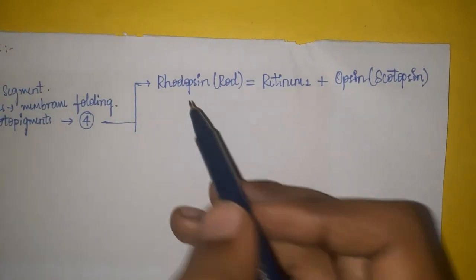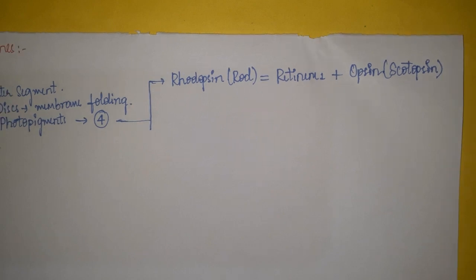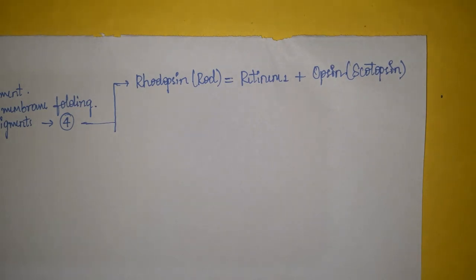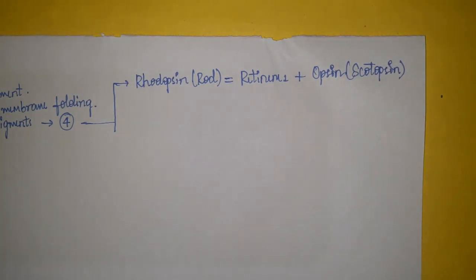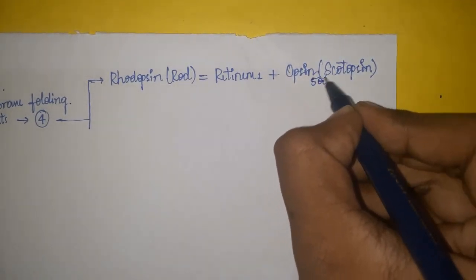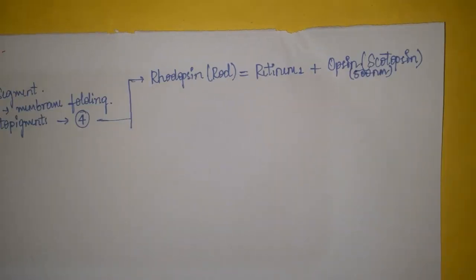And rhodopsin is also called visual purple. Now, there is spectral sensitivity. This rhodopsin pigment is sensitive to light whose wavelength is 500 nanometer. Just remember the number, that's it.